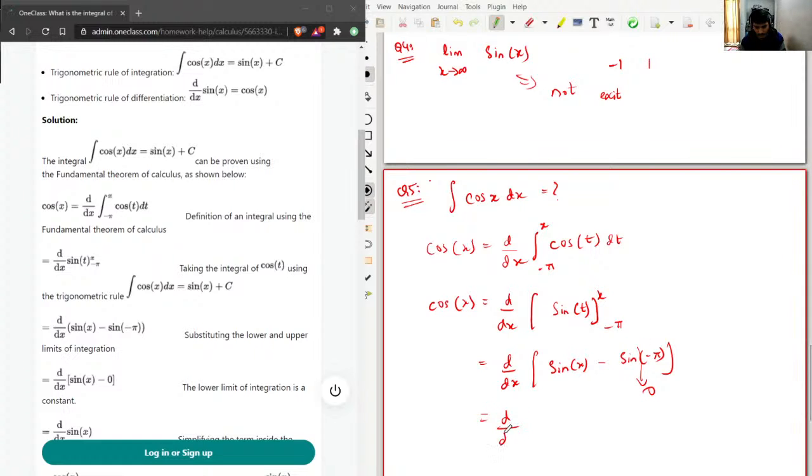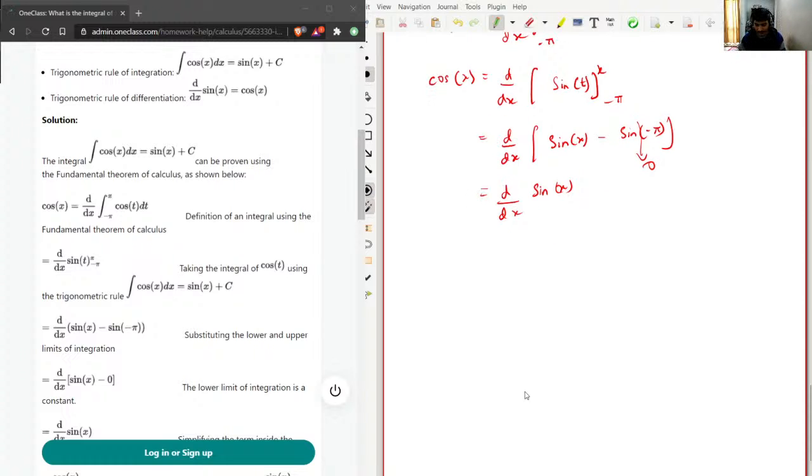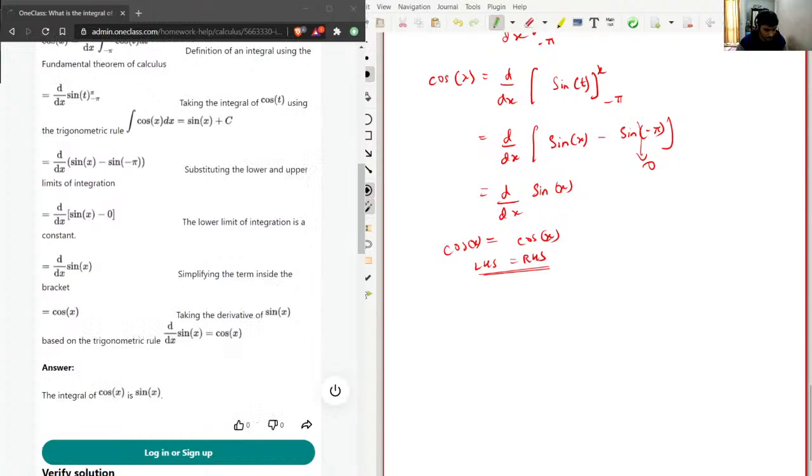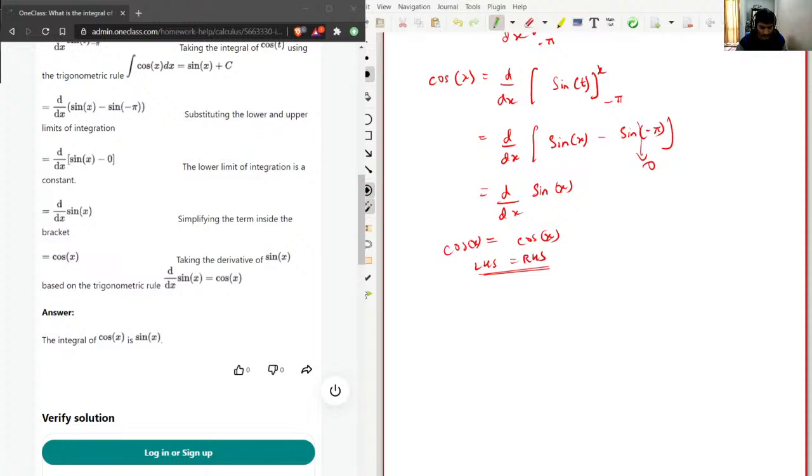and this will become d dx of sine of x, and again derivative of sine x is cosine x, so this will become cosine x, and hence LHS equal to RHS, and therefore we can say the integral of cosine x is nothing but sine x only.